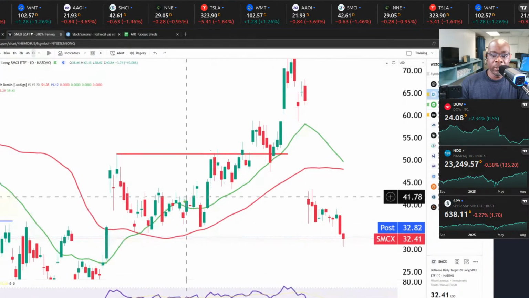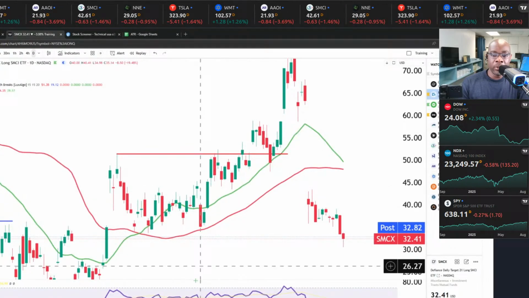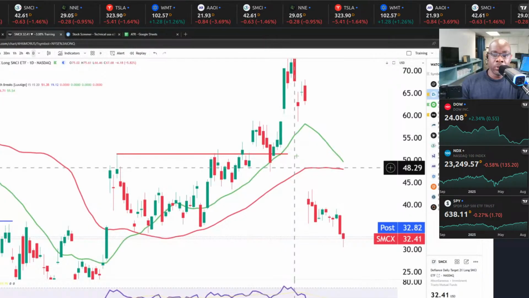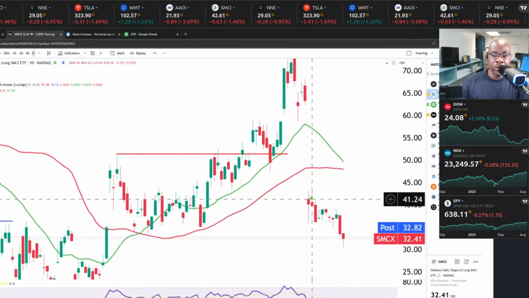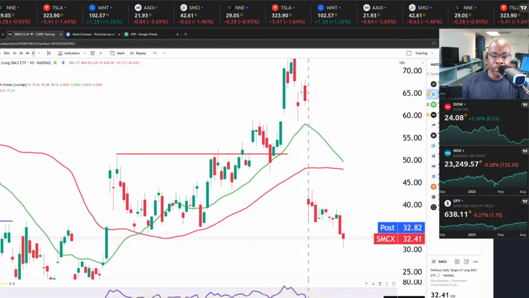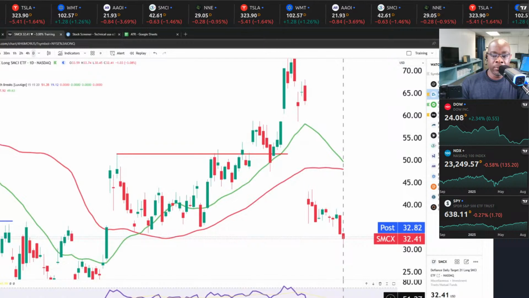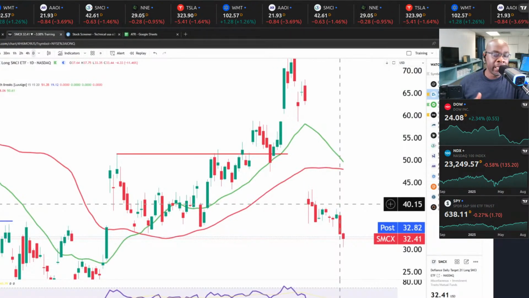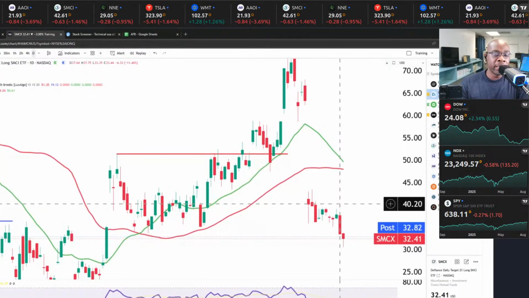If you look at the area here when we're in an uptrend, the purple line was always above the red dotted line. If you look at when the price was down low, you would see that the purple line is below the red dotted lines.